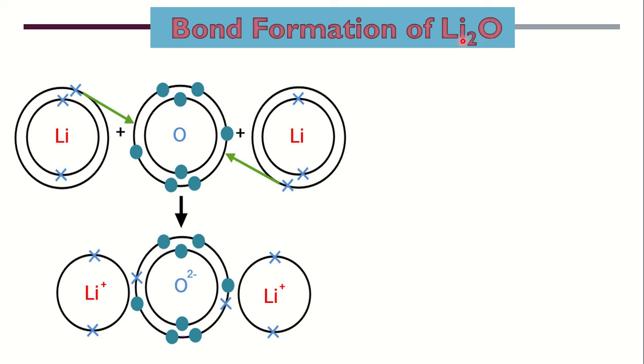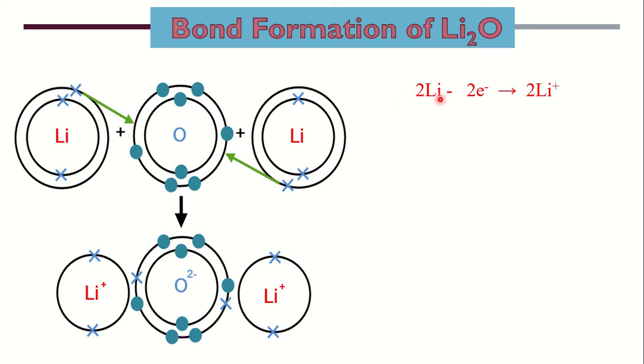So 2 lithium atoms after releasing electrons make lithium cations Li+ and after accepting these 2 electrons, 1 oxygen atom makes an O2- ion, and they are bonded together and form Li2O.